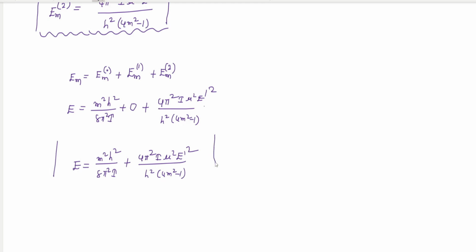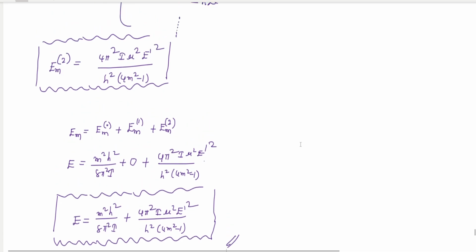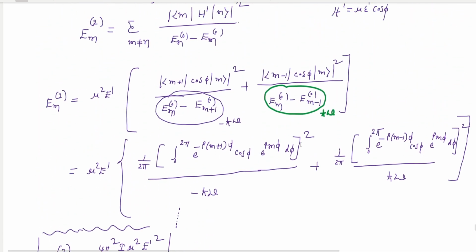So this is the approximate energy of the system. This is all about the Stark effect of the plane rotator. This is a model problem.